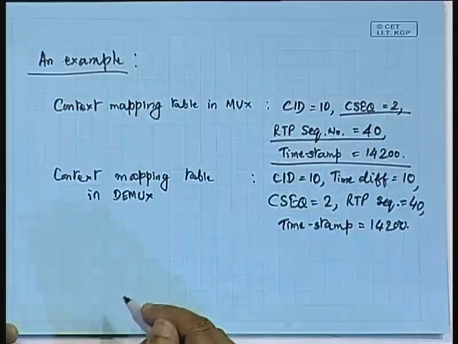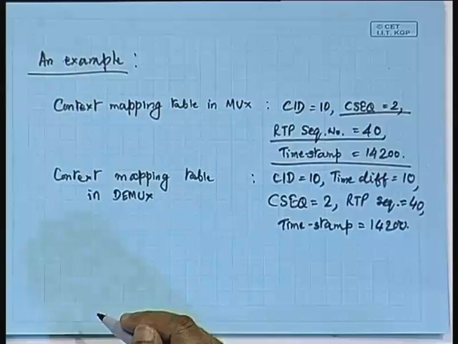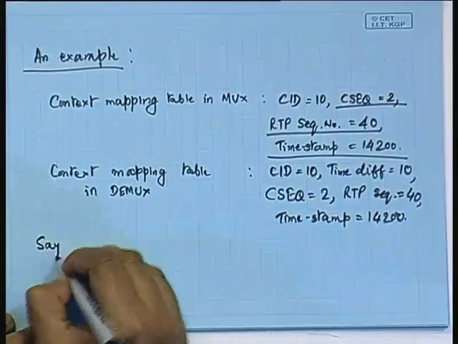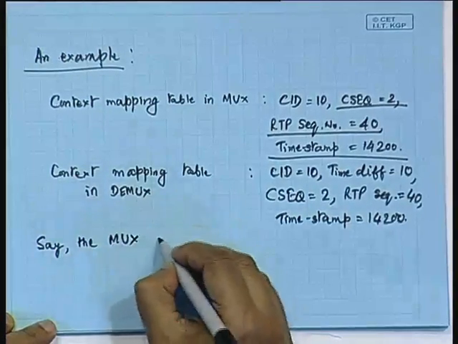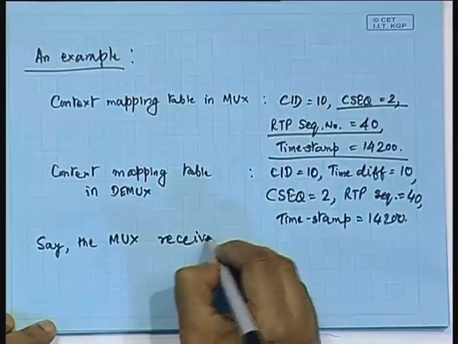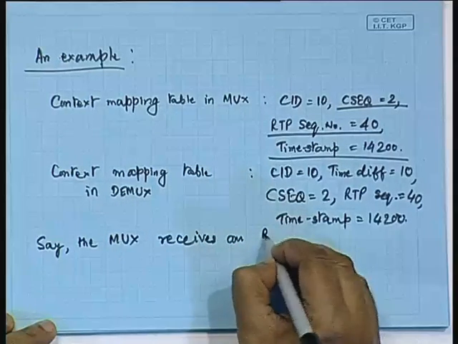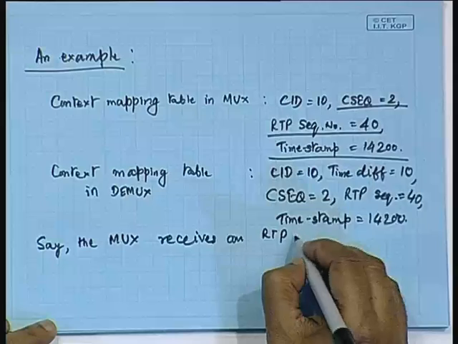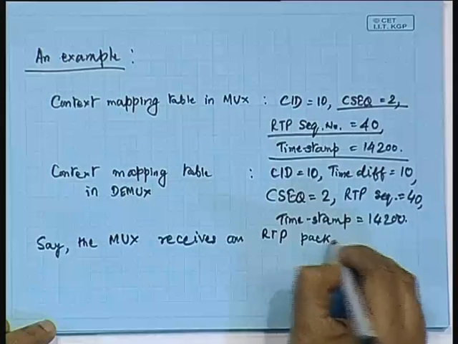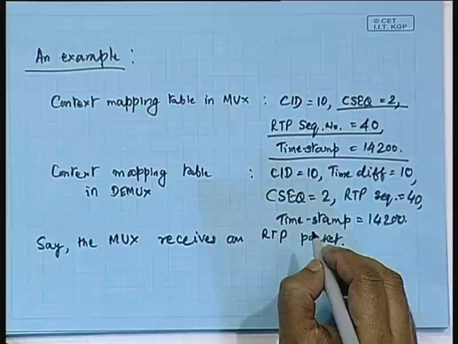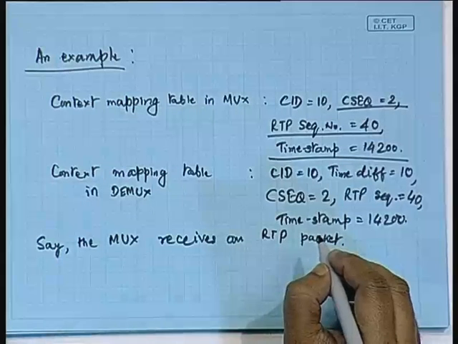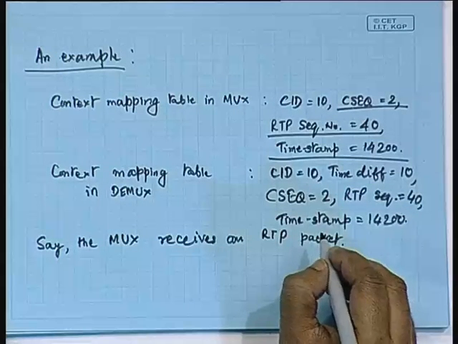So these are all the last sync information. Now supposing that at this time the multiplexer receives an RTP packet from the source.